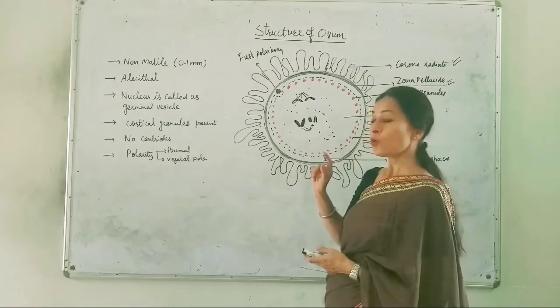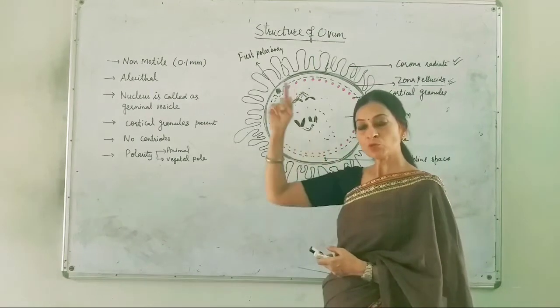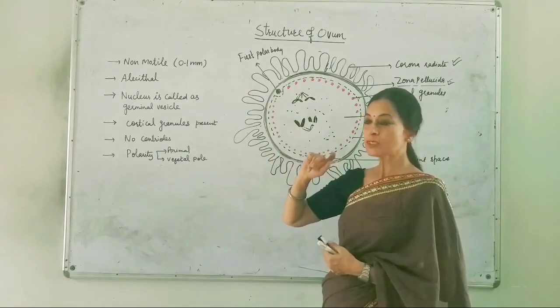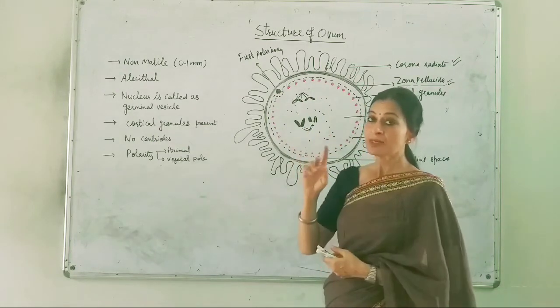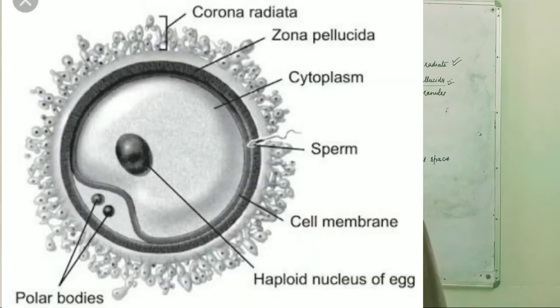And you should also remember that in the oogenesis process we have also studied that when it will complete its meiosis second, then again there will be formation of a second polar body there. Means again the division of cytoplasm will be unequal.